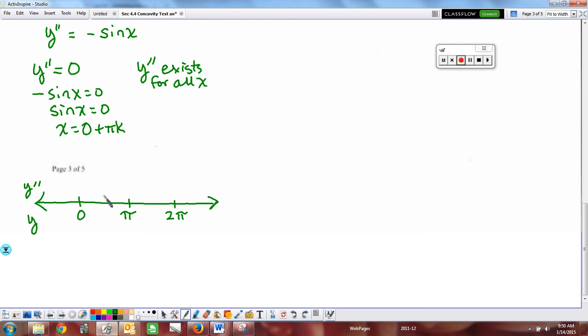And since sine originally is positive from 0 to pi, if I flip it, it's going to be negative there. And then we have our pi to 2 pi. Again, an original sine graph is going to be negative there, but we flipped it, so now this is going to be positive. And 0, 0, and 0.